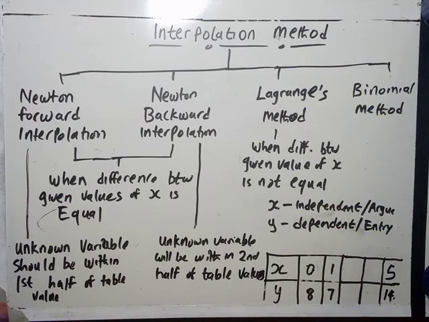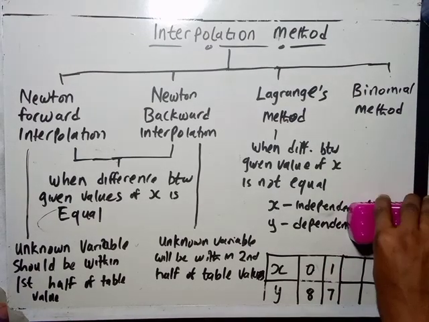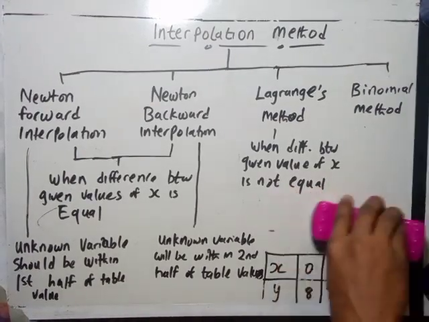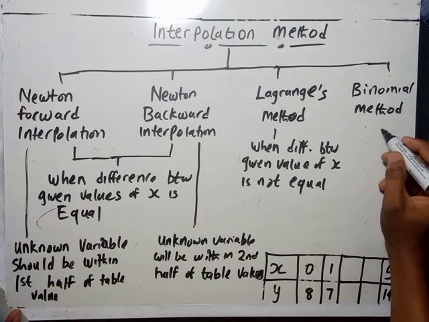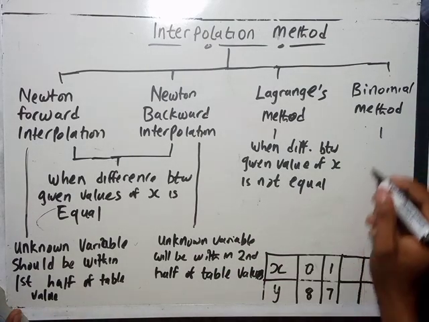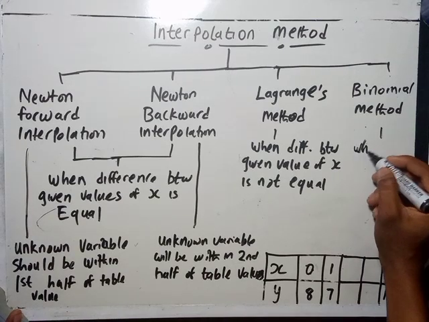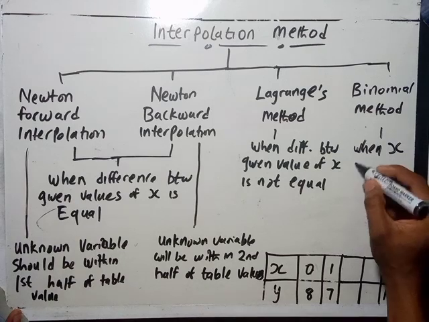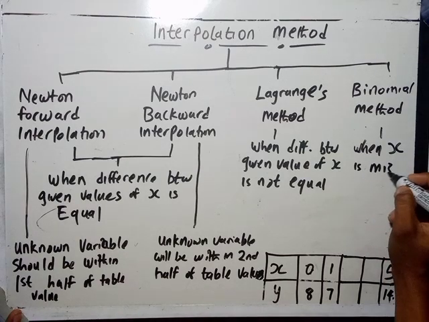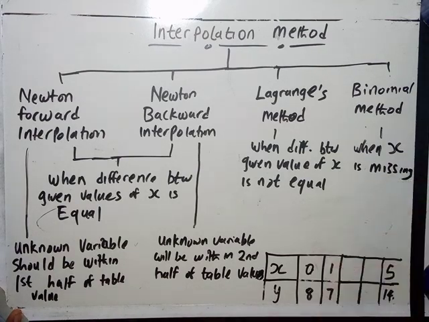We use the binomial method when x is missing, x being the independent variable. So that's all about interpolation method.